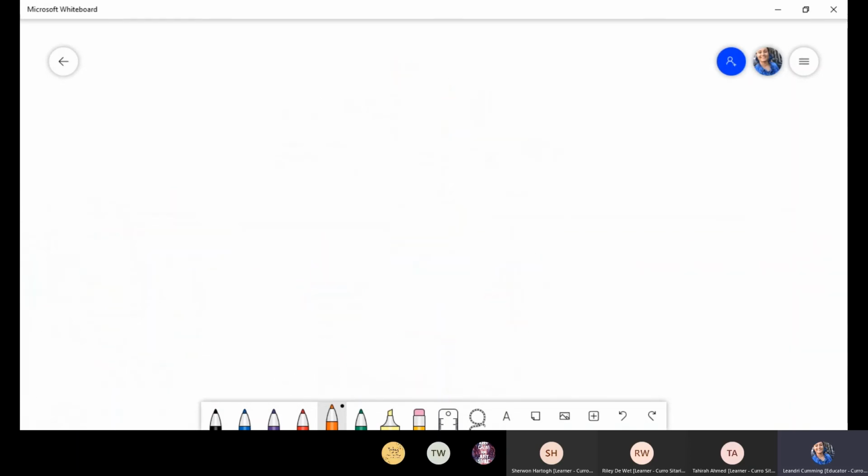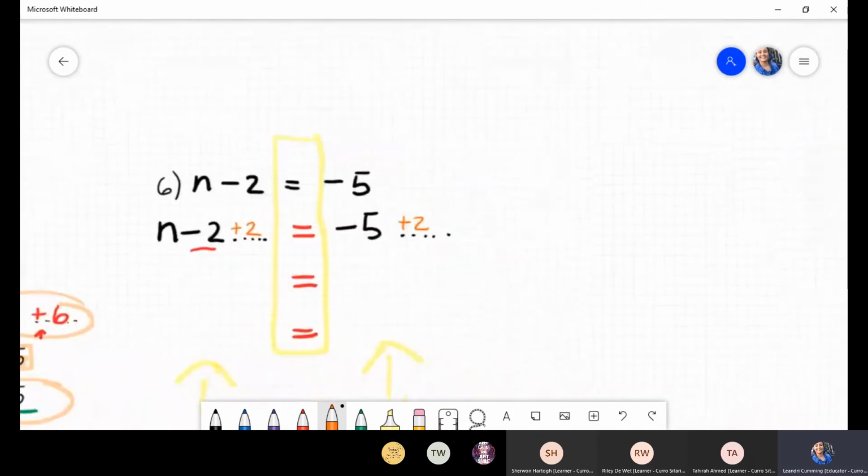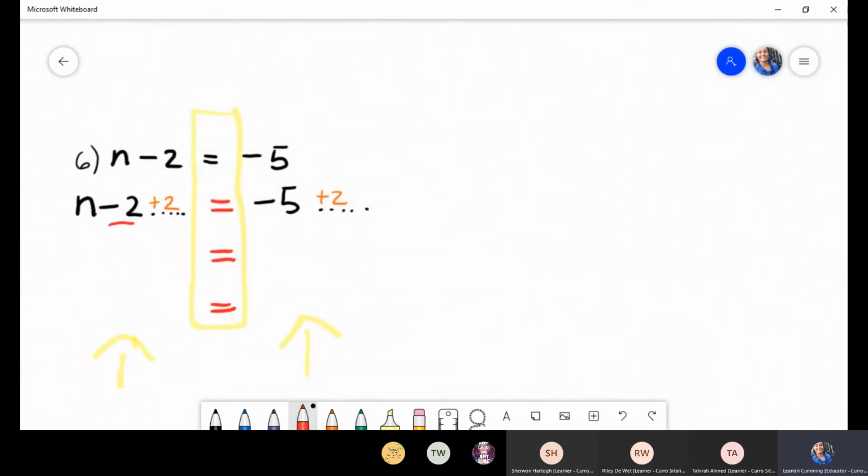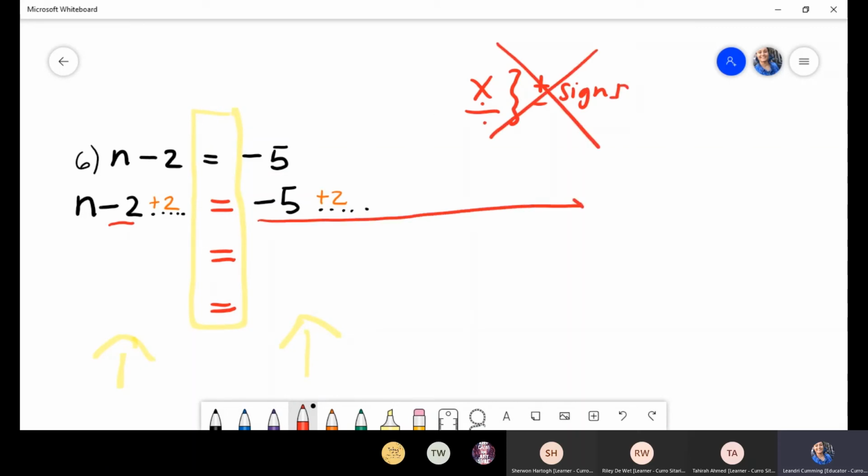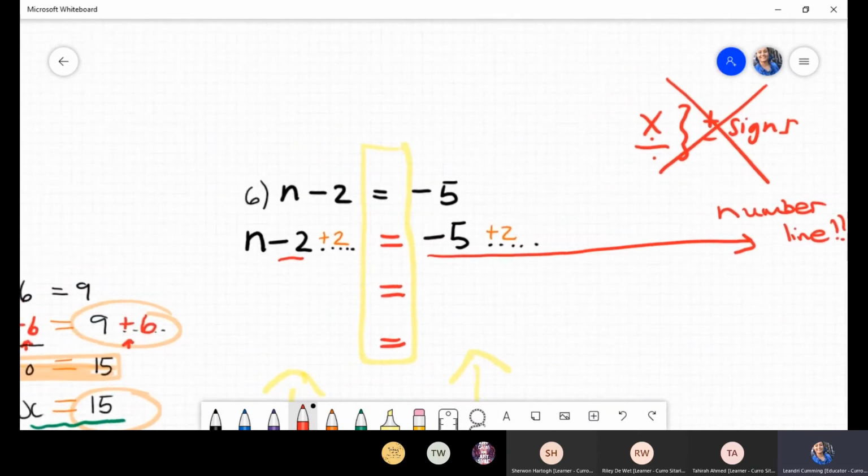And here we have to work very carefully. We are not multiplying or dividing with positives and negative signs. We are not doing that. We are merely working on the number line. And I have to stress the importance of this because you are still getting confused. So don't let that trick you.